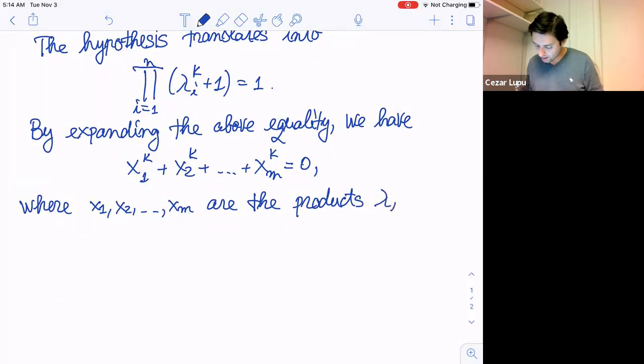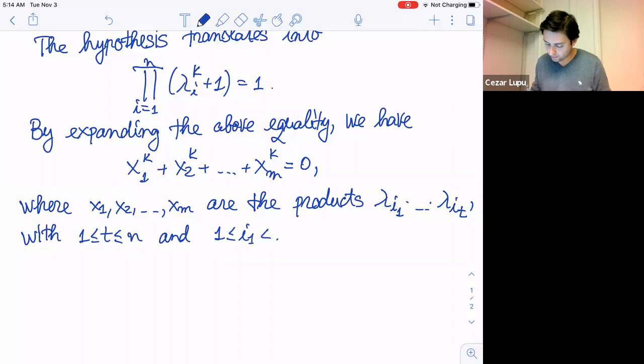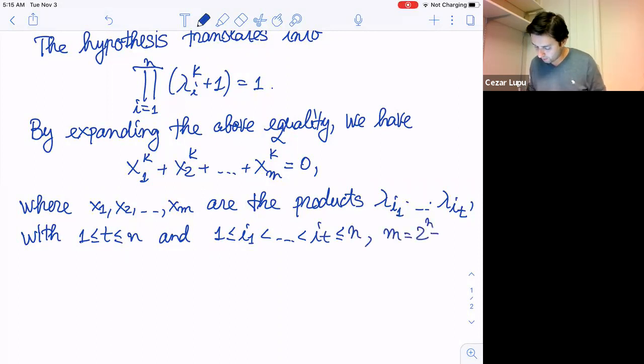I have, let's say, lambda i1 through lambda it, with t between 1 and n, and these indices satisfy 1 less than i1, up to it, less than n. And here, keep in mind that this m is 2 to the power n minus 1.